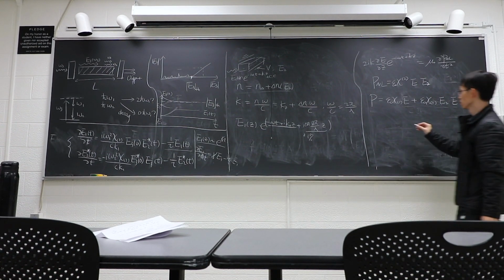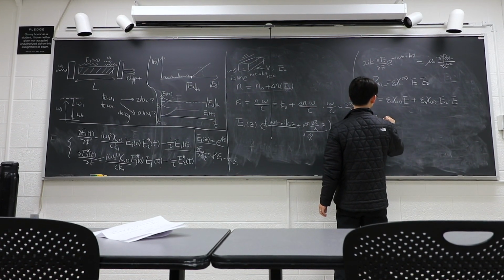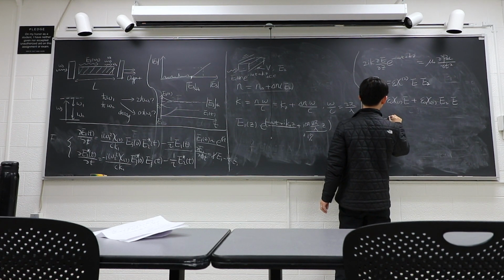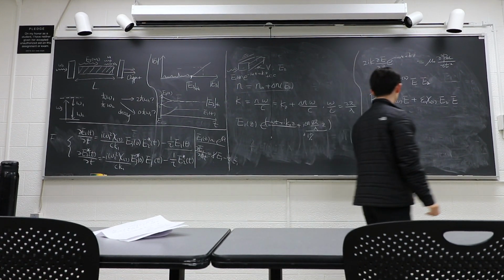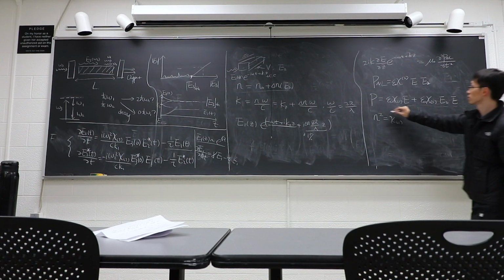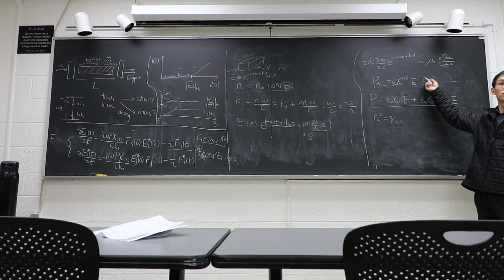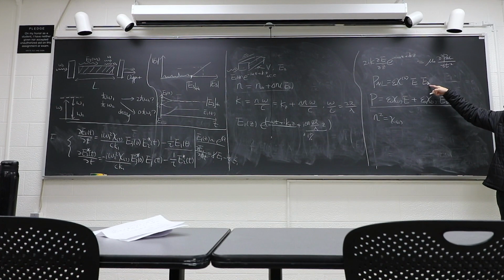And then also we know n squared equals, right. So you can write down your nonlinear effect like this. And E2 is just a voltage. It's just a field applied by a voltage.